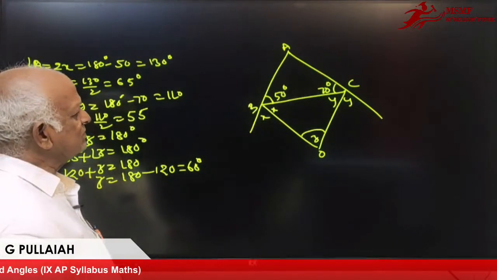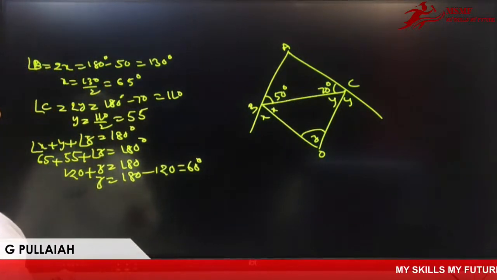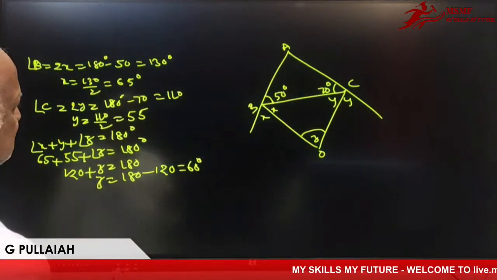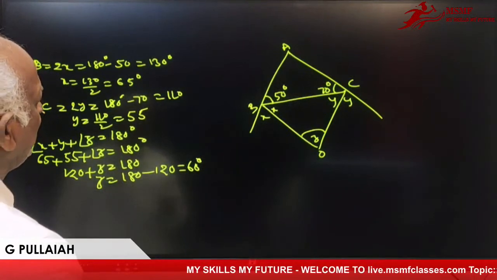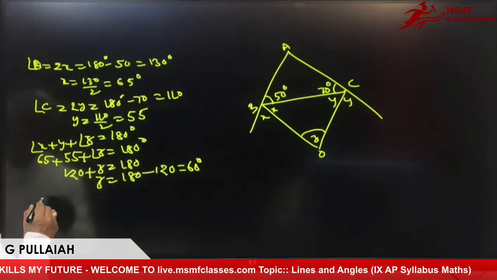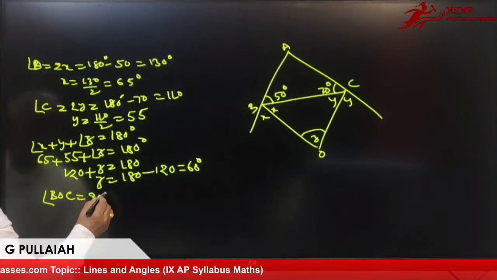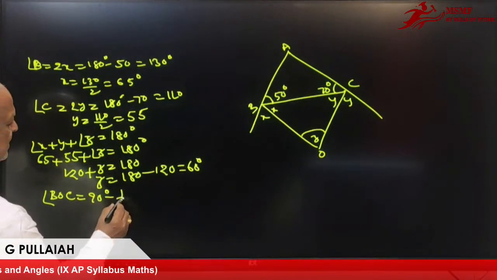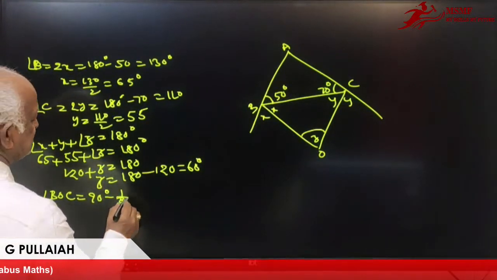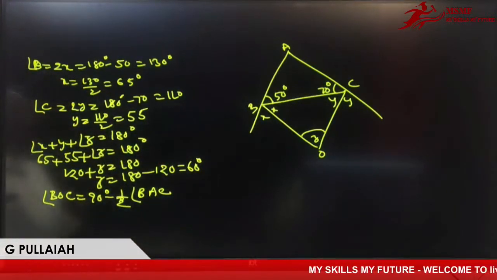Think very carefully here. Another concept you can use: angle BOC is 90 degrees minus half angle BAC.